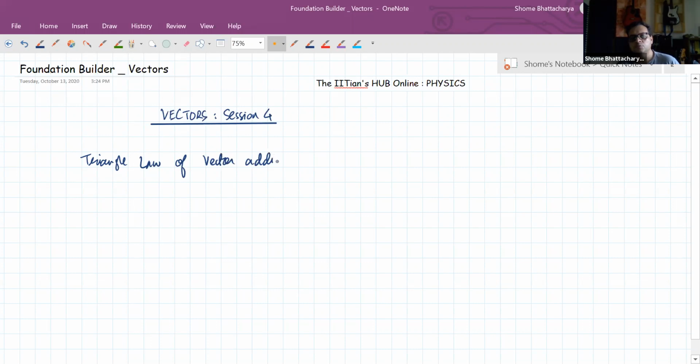So we had seen the formula and the geometrical method of drawing the triangle. If you have two vectors given like this, then to find their sum by the triangle law, we have to draw them once again in such a way that we place them head on tail, or draw the vectors consecutively.